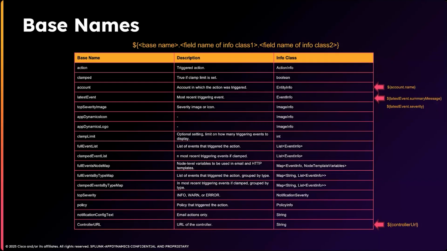And latestEvent.severity is going to be the severity of that event that's occurring. So base names, we have a lot of them here. Like I said, the most useful ones for alerting would be latestEvent, action, policy, and topSeverity. Some of the other ones in the middle aren't as widely used from my perspective, but they're still there if you want to use them.